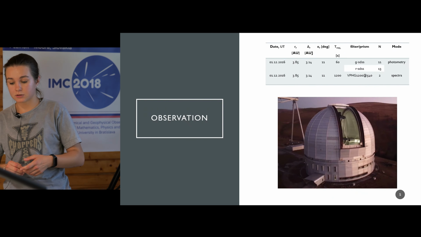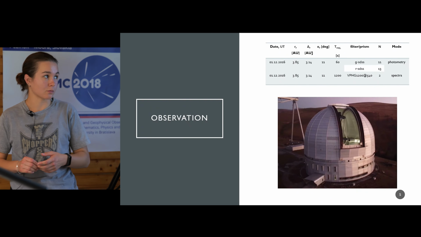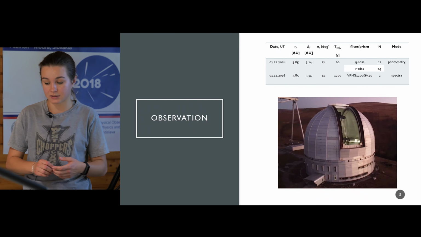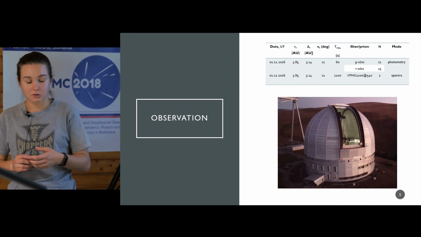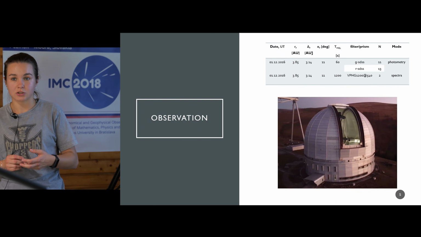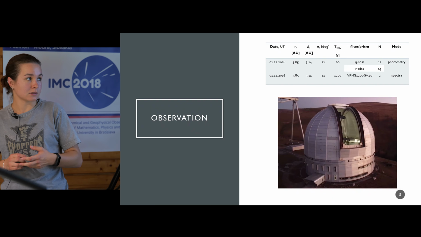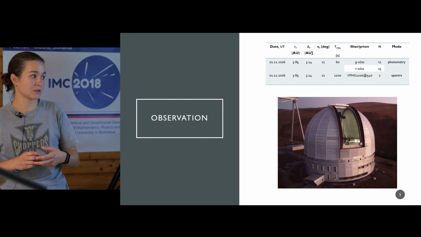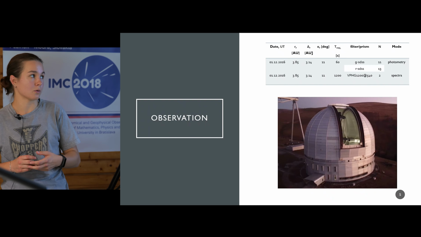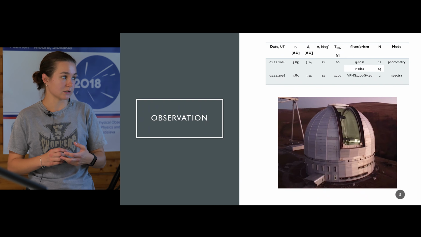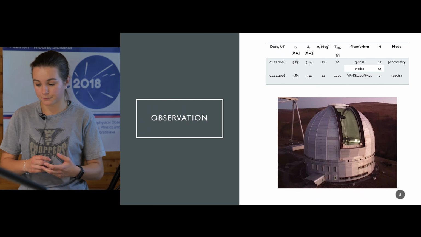This work uses observations from a 6-meter telescope obtained in December 2016, and photometric images were obtained in the g and r SDSS filters of the Sloan system. The slide also shows the comet's orbital parameters for the observation period.